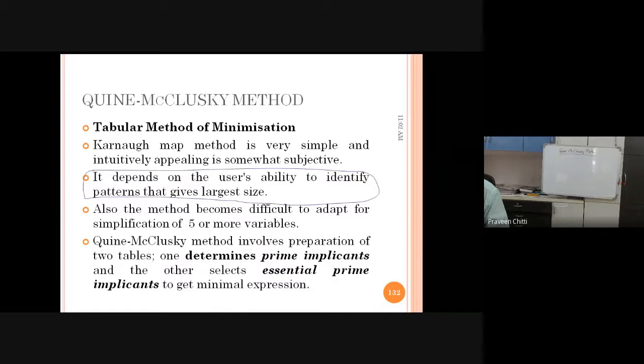Can someone tell me what you mean by prime implicant?